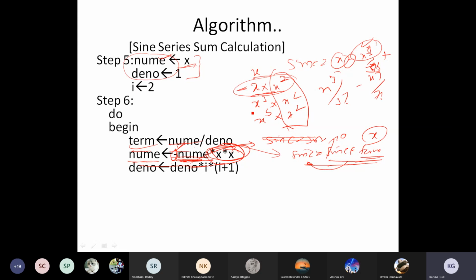Is this okay? Right. So divided by what? Divided by 3 factorial. How do I write 3 factorial? You know that 3 factorial can be written as 3 into 2 into 1 factorial. Correct?